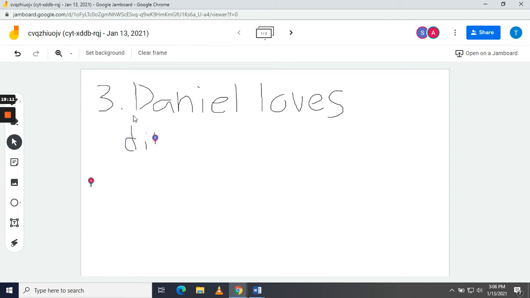If you notice, the student made a mistake and he went ahead and erased it. There's so many features on this Jamboard. The students will really love to work on it.